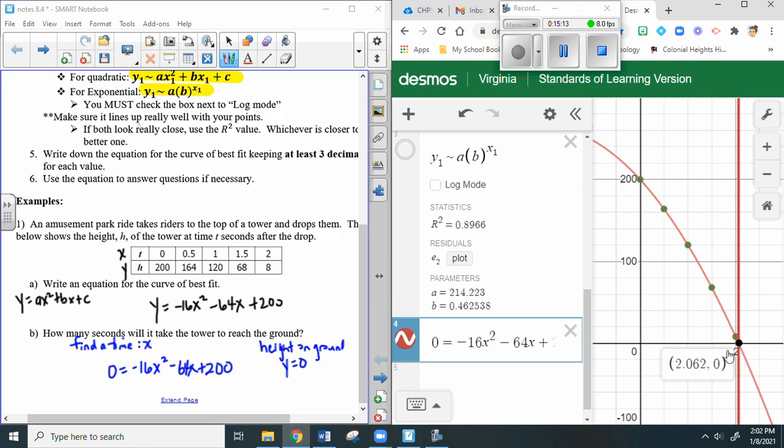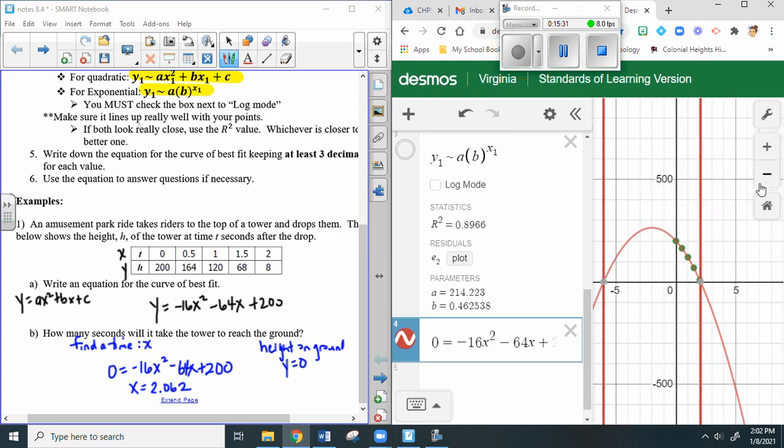And the x value of that black dot is the solution to this equation. Now, there is a second point on the x-axis in the negative direction, but you have to remember that your question was asking about time, and time can never be negative.